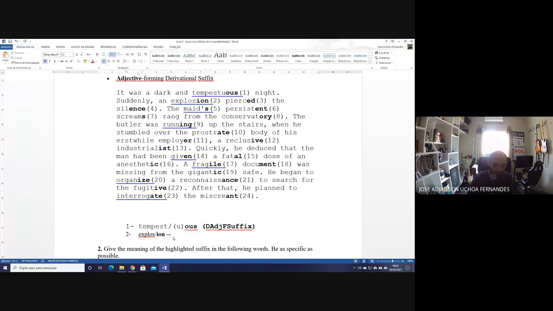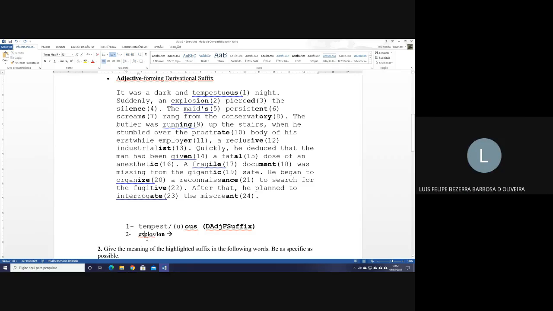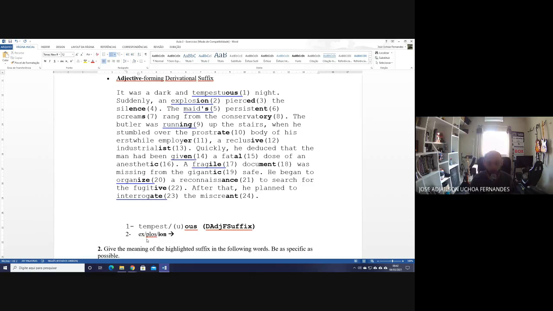But if we were to split this, we could, yeah? Ex, can I say it's a prefix? Is explosion the same as implosion? No. Ex is a prefix. Plos is the root, okay?